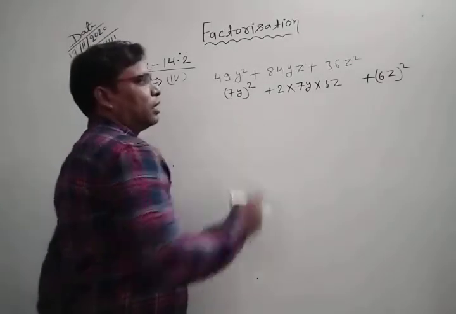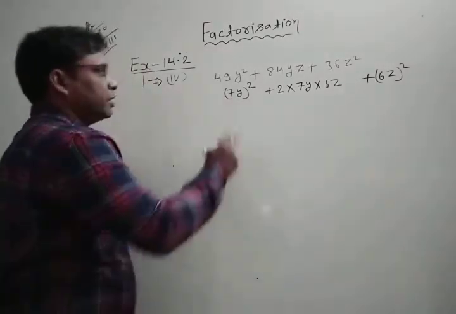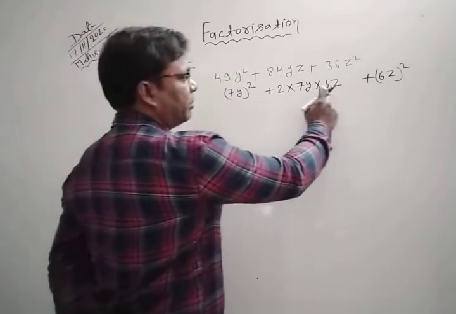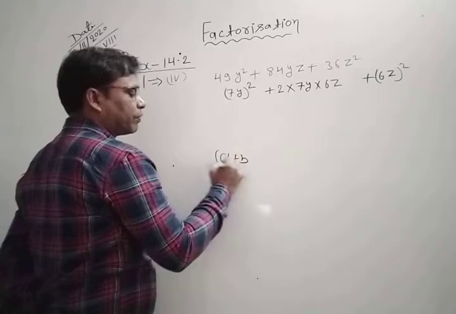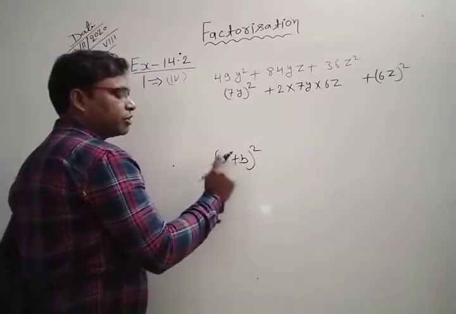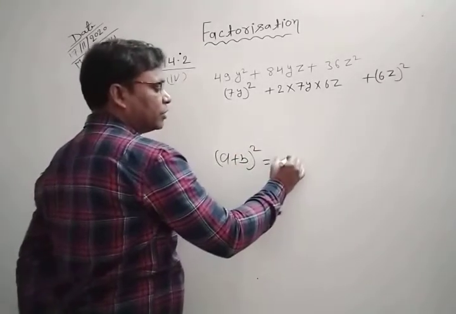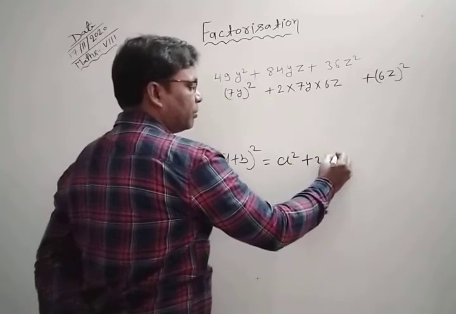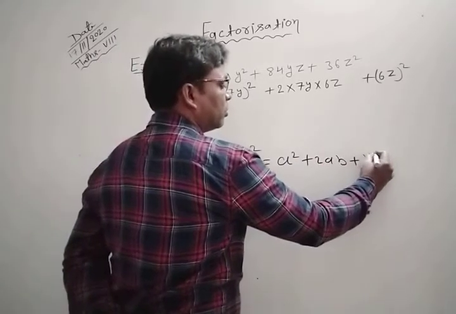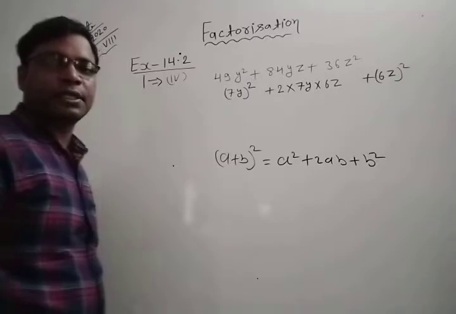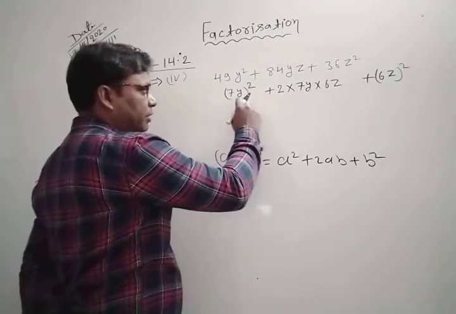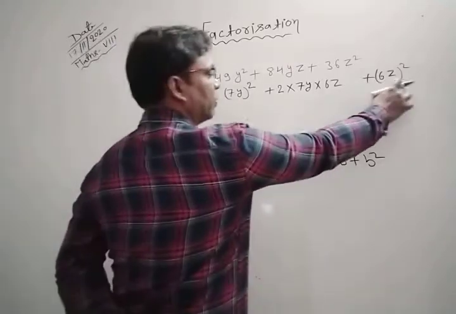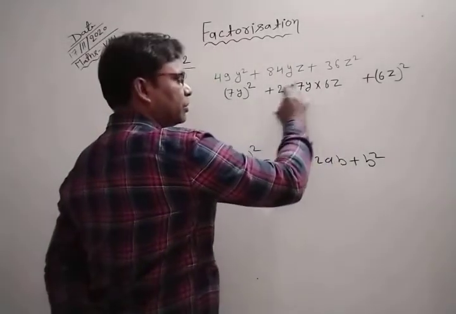So a square plus 2ab plus b square is the form of the whole square of a plus b. Then this becomes a square, this becomes b square, this is a, this is b, this is 2.